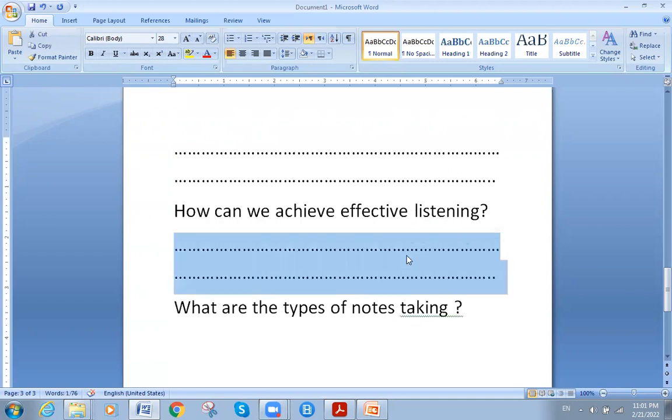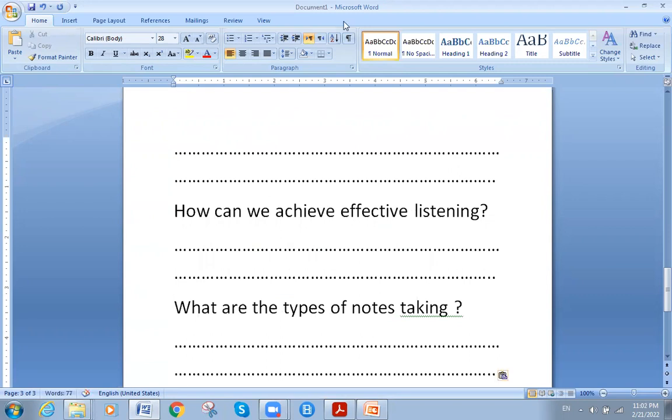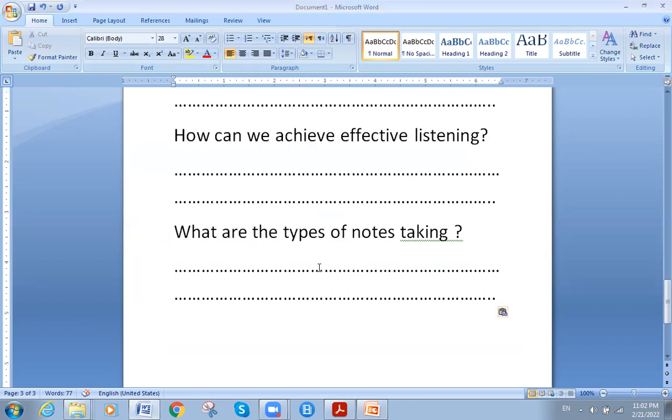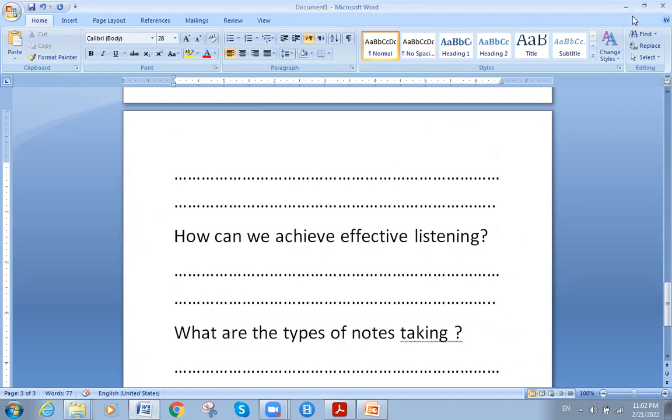This question we will stop here for around 5 minutes to get answers for it. So, what are the types of note taking? And this is a point.